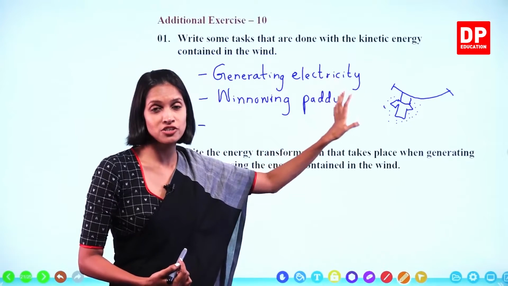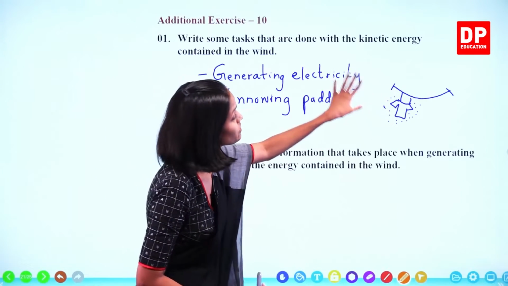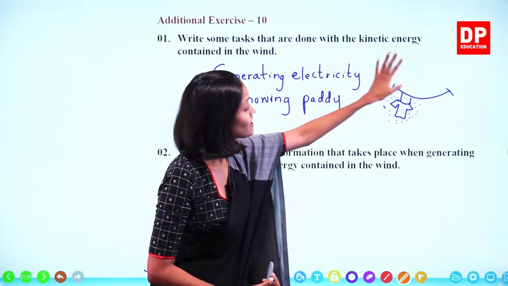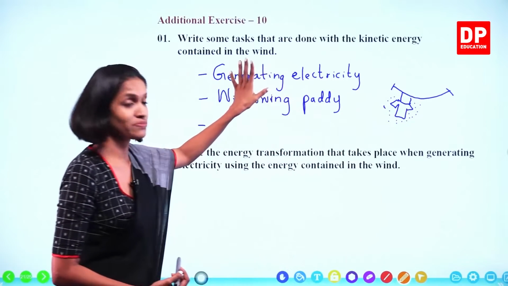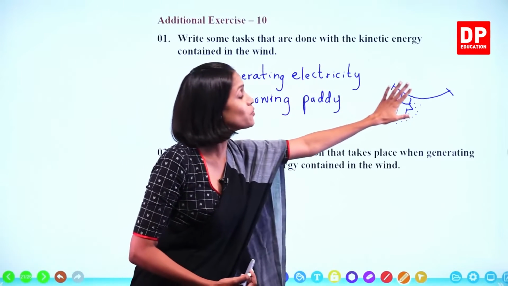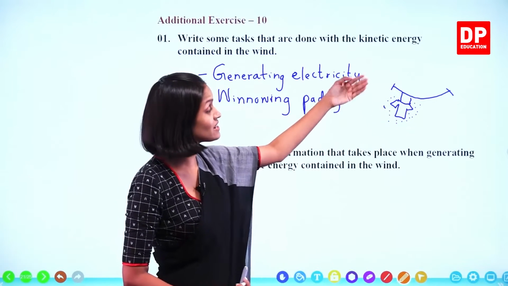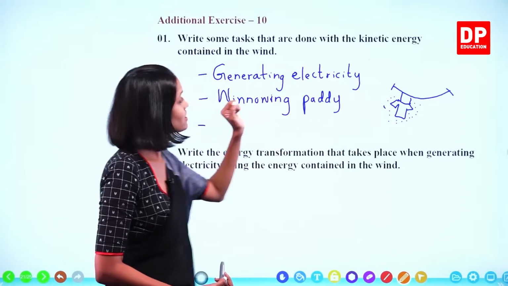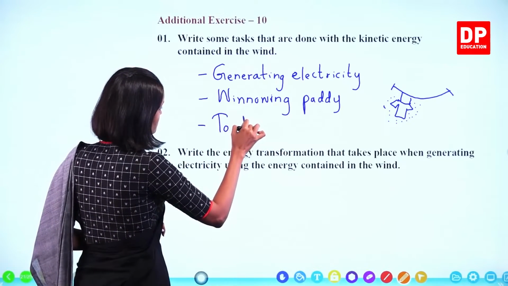But along with the sunlight, if strong wind currents are also present, the water vapor that comes out of the clothes is carried away. So there's more space for more water vapor to come out, and the clothes get dried faster. Right? So we will write that as well, to dry clothes.